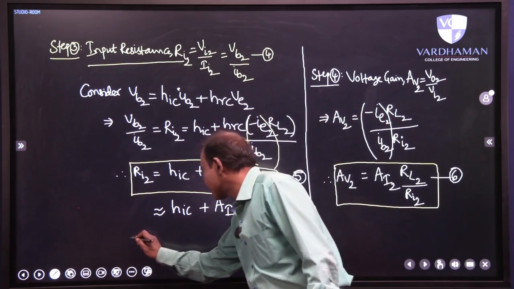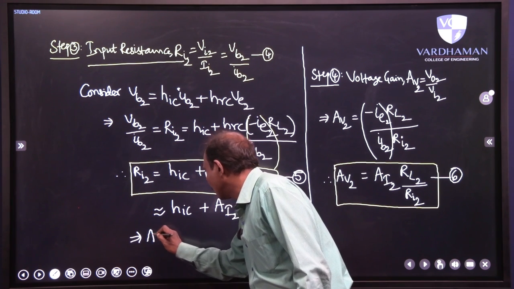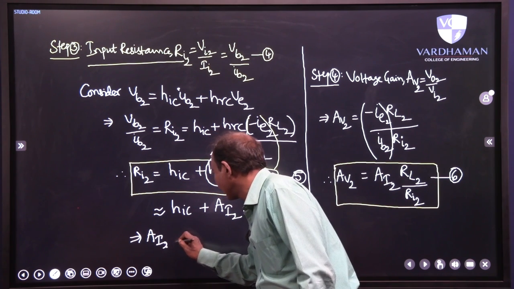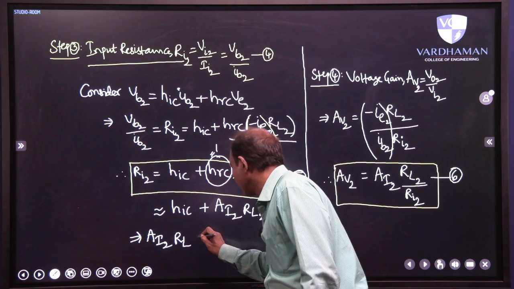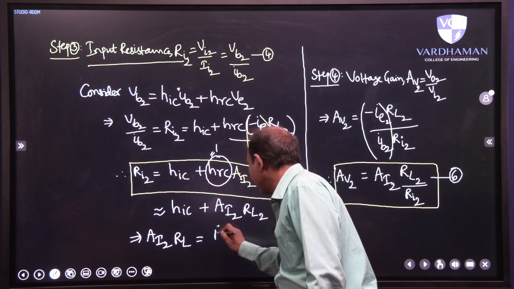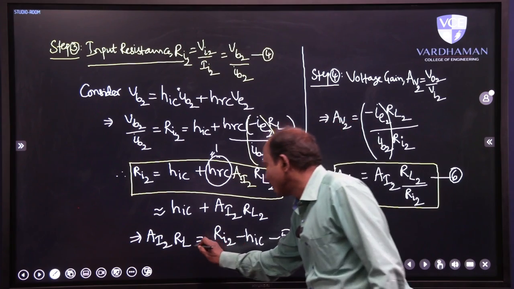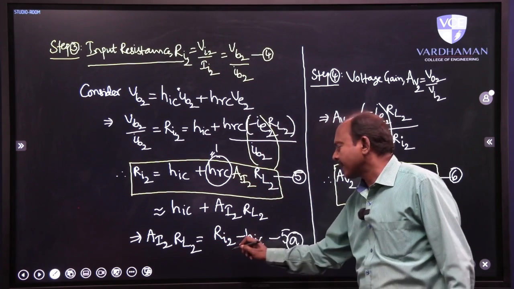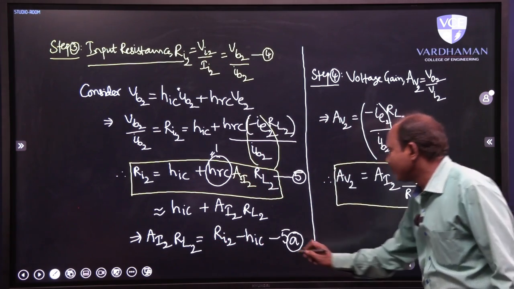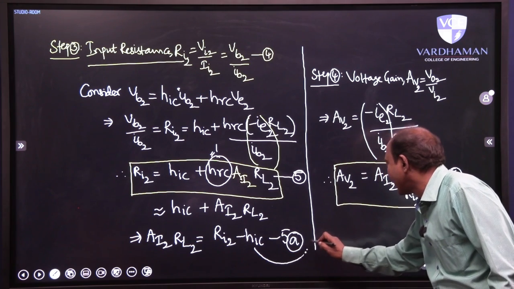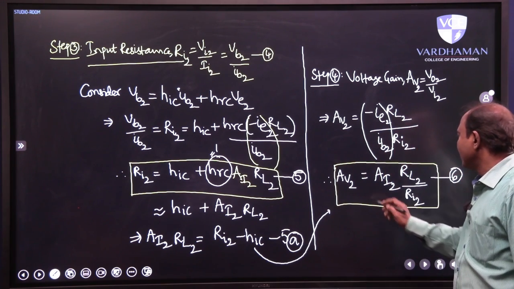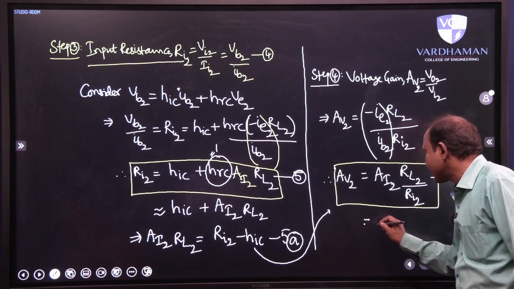Then from this, AI2 RL2 can be equal to RI2 minus HIC. If you substitute this value of AI2 RL2 in this equation, you will get AV2 as an approximated equation.